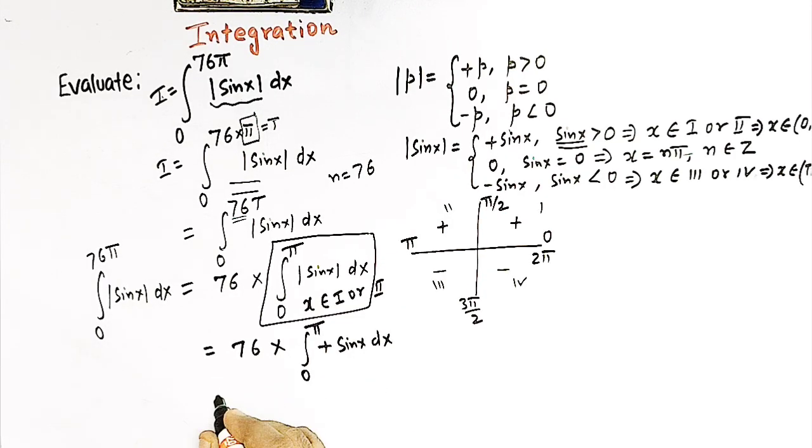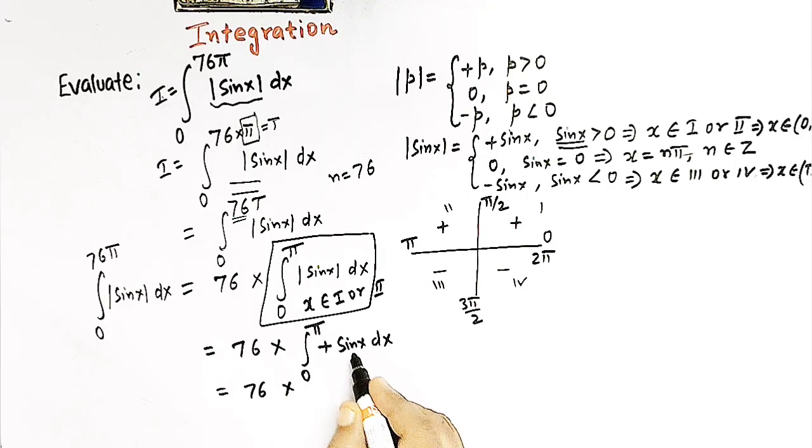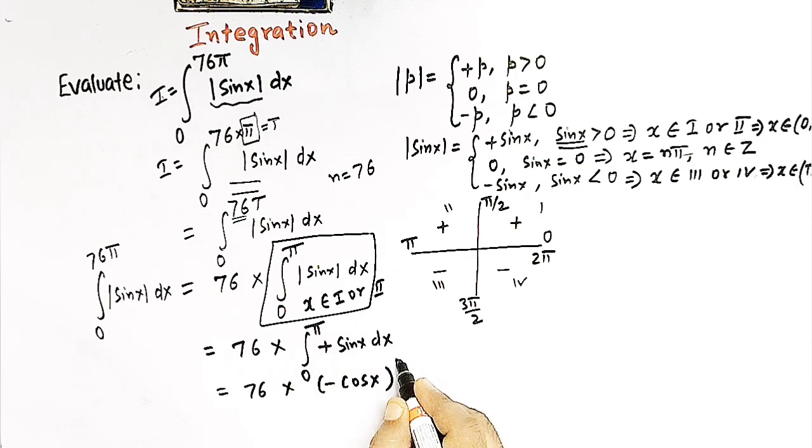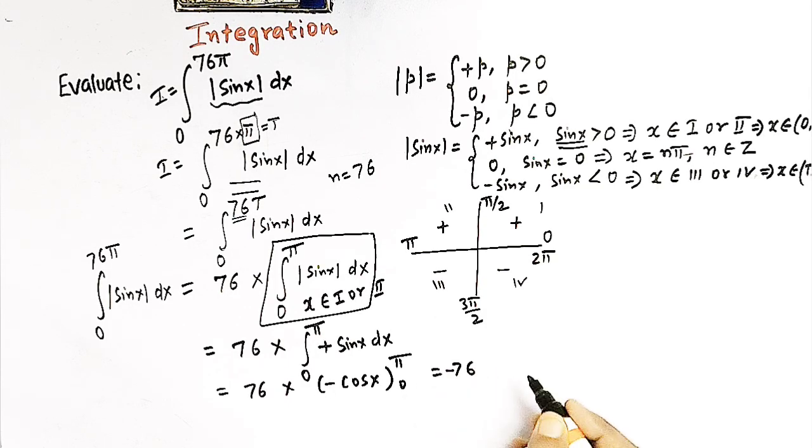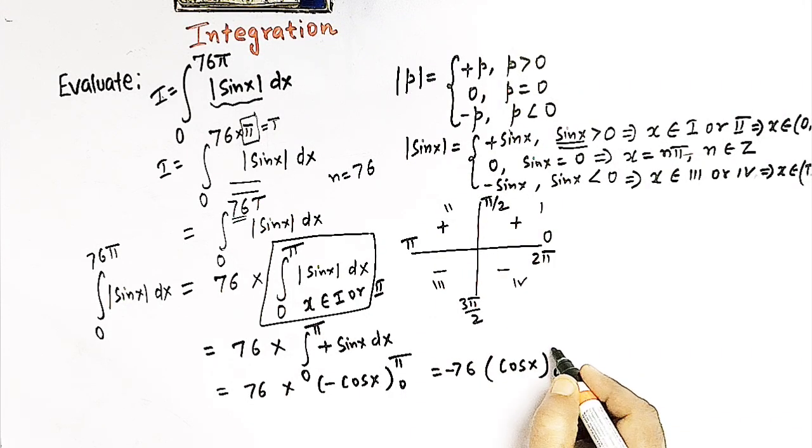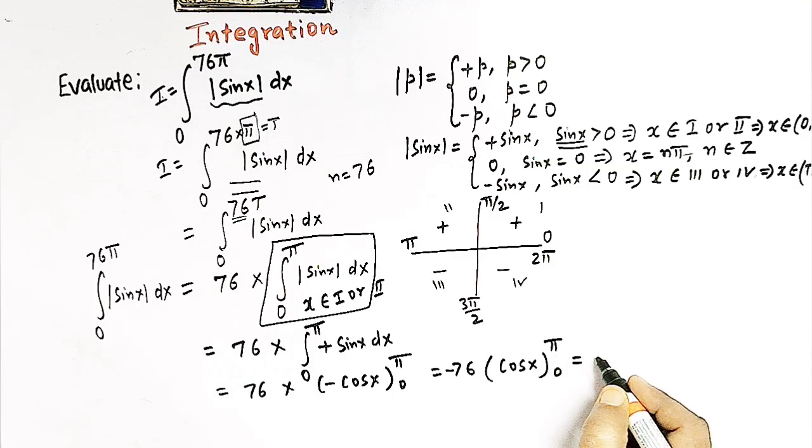So now we can easily find out the value of this integral, and we know that the integral of sine x is negative cosine x, and limits of integration are from 0 to pi. So we can now write 76, and here we can take this negative sign outside, and we have cosine x, and limits of integration are from 0 to pi.